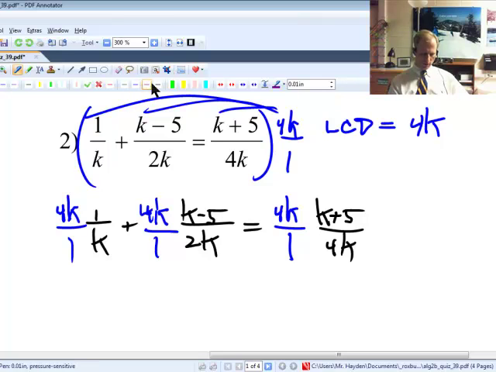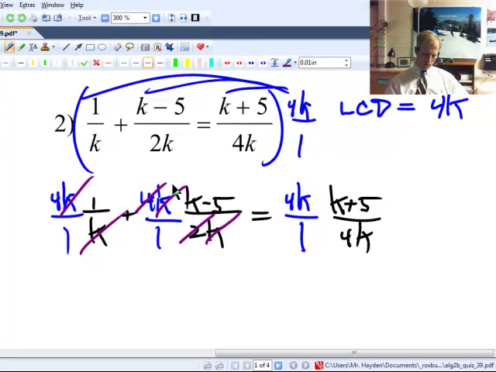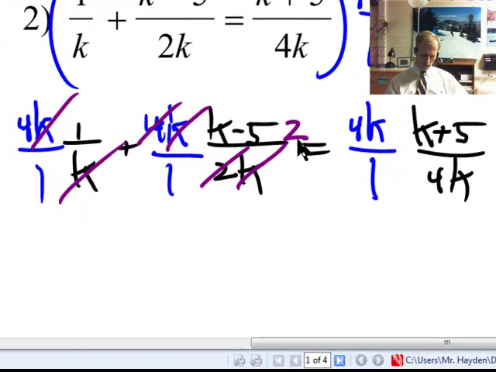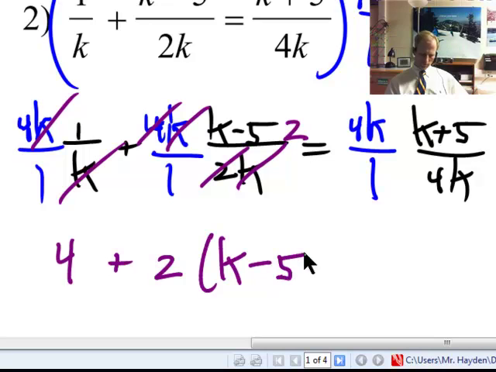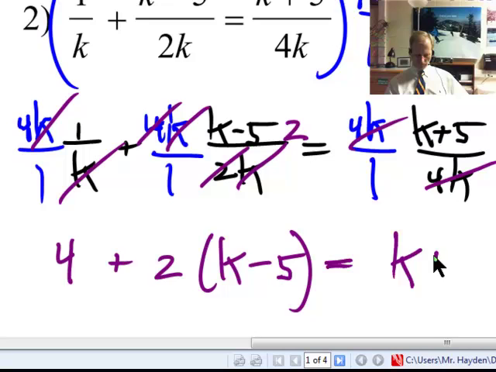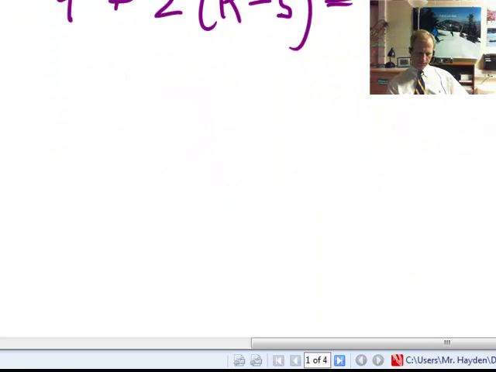And cancel factors that appear in both the numerator and denominator. And this will become a 2. So far I have that, which is equal to k plus 5.